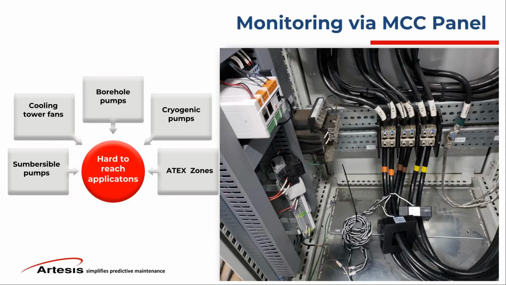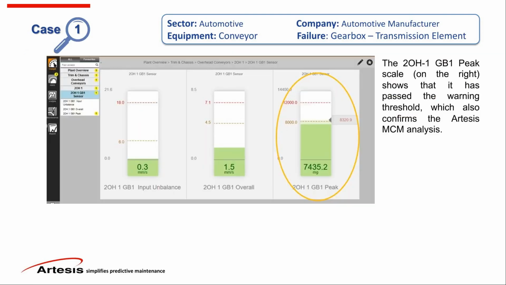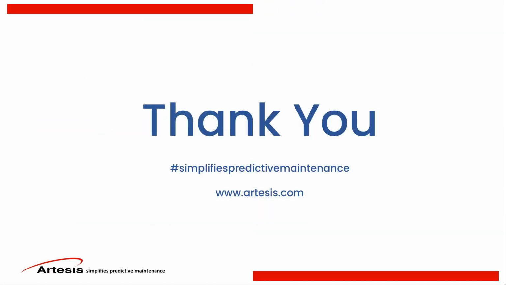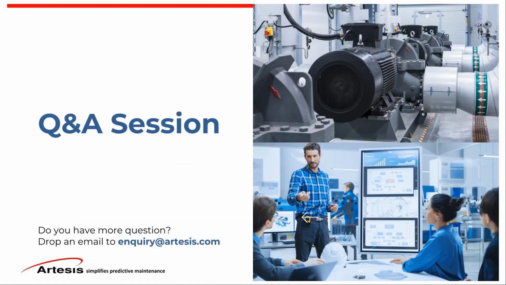So submersible pumps are no different than other pumps or other applications that we're monitoring. Basically, there are three components for us: the motor itself, the drivetrain, and the driven equipment. So when there is a problem here, we will be able to detect that.